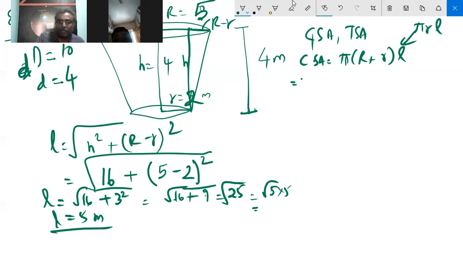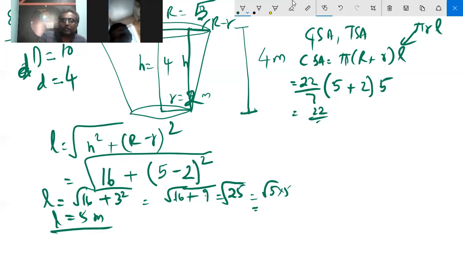Now tell me the maths. Pi is 22 divided by 7. Big R is 5. Small r is 2. L is 5.